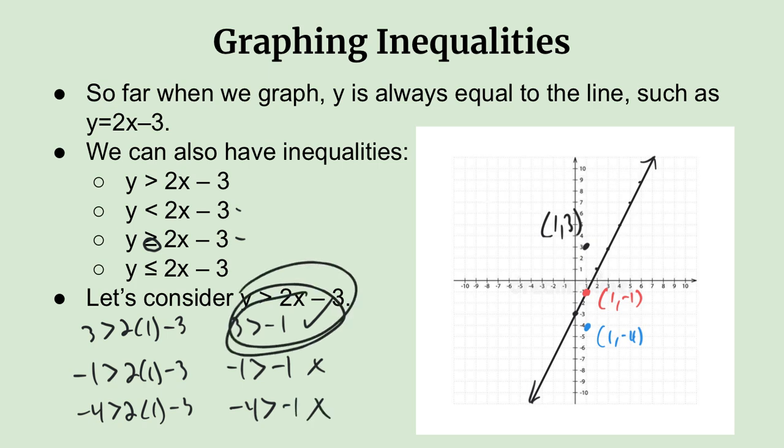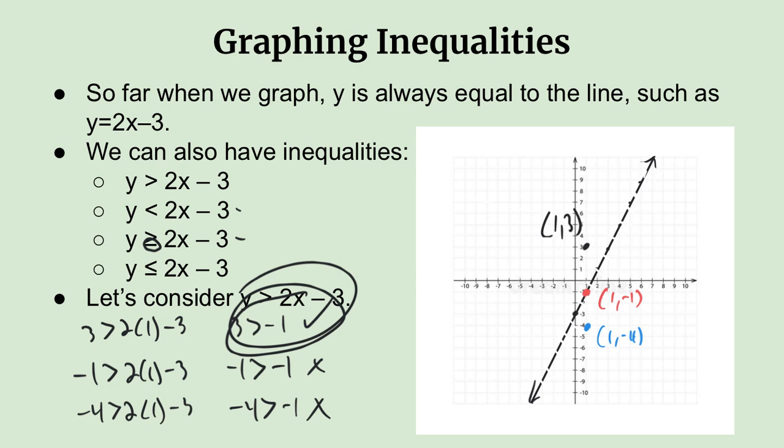So because this one's correct, what we're going to do is two things here. First, we're going to change our line from solid to dotted. So I kind of got to do it funky here because this just messed up on me. So dotted means you can't be on the line.